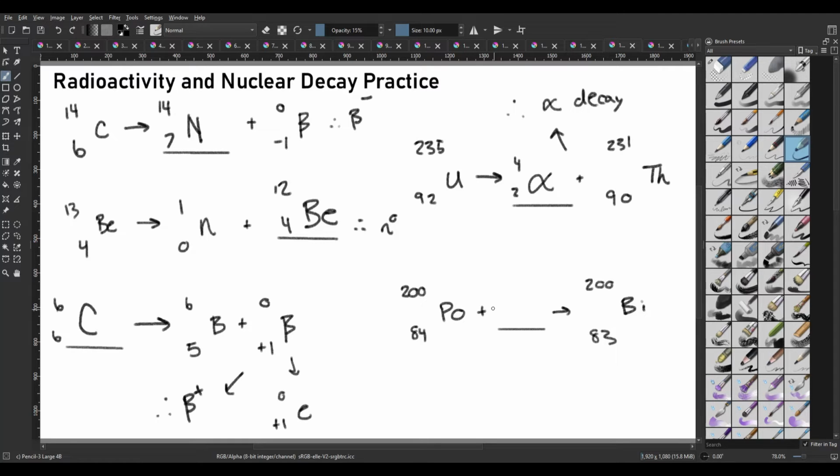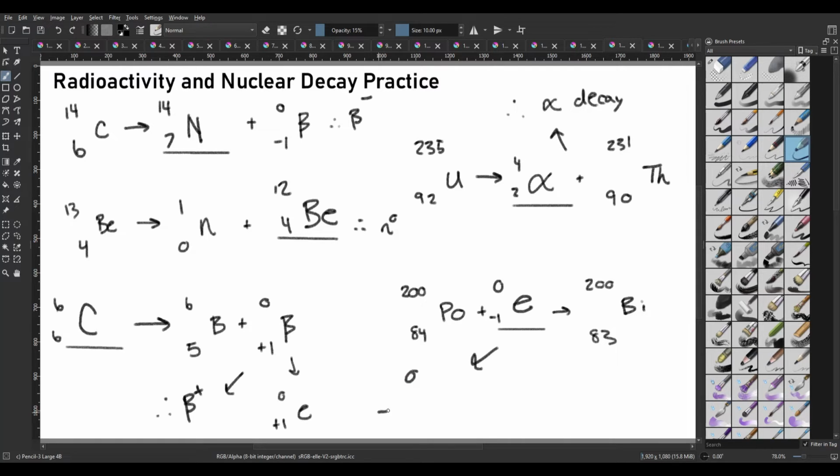Then our last example over here, we just have a 200 on the left side on the top and a 200 on the right side on the top. So that has to be 0. And then we have an 84 on the bottom on the left, and 83 on the bottom on the right. We have to put a negative 1 here. So we have this. This is not correct. We cannot do this, because anytime we have an electron on the left side, that is an electron capture.